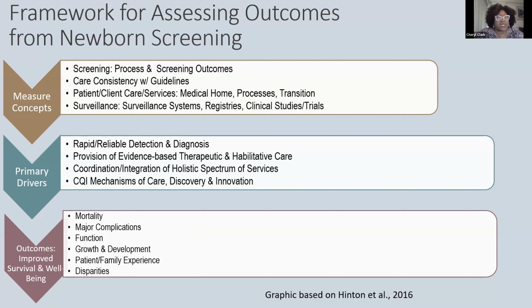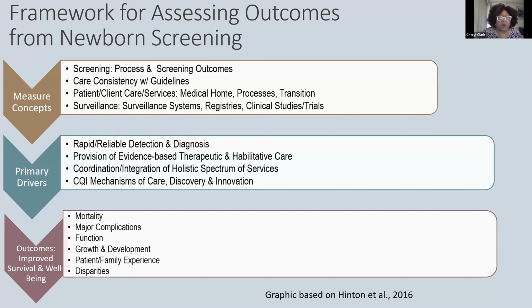So they had the measure concepts, which I've said repeatedly now, screening, and then there's also this care consistency and guidelines. And then they had the patient services and clinic care, but that also included access processes, transitioning children to adult services. And then there was surveillance, of course. The drivers of all of this are rapid and reliable detection and diagnosis, the provision of evidence-based therapeutic and habilitative care, coordination of this holistic spectrum of services, or wraparound services, as some people call them.